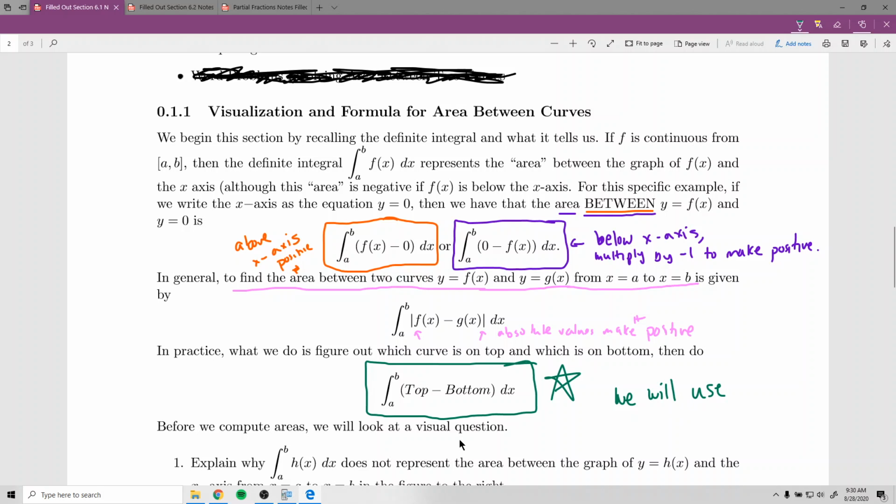And I think it's just better in words than in formula anyway. We integrate from a to b, and the inside is the top minus the bottom. Right, so whichever function is on the top, you'll be given two equations. Which one's on the top, we'll figure it out. That one will go in front. The bottom function will go in the back.